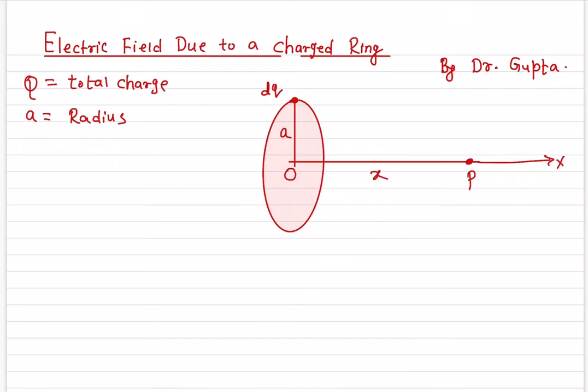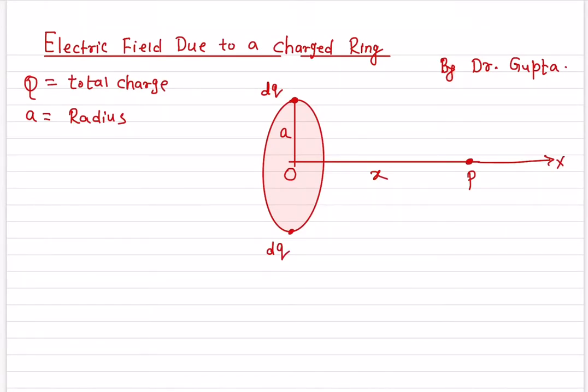Now, in order to solve this problem, we have to first find out what is the electric field at this point due to a tiny charge here, and at the same time we also take the tiny charge on the other side of the ring, which is again dq.